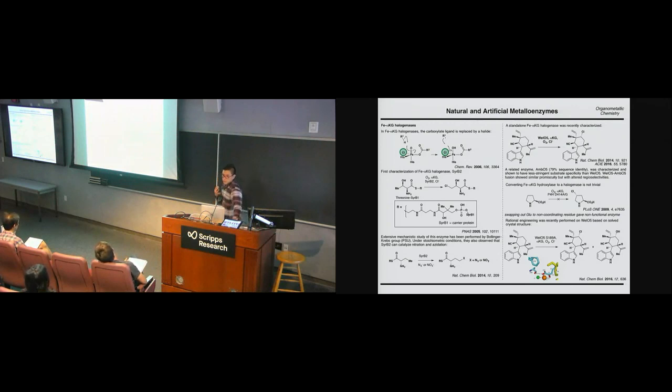This frees up one coordination space, and this would be occupied by a chloride group. In the mechanism for halogenation, after hydrogen atom abstraction, the resulting radical species would selectively undergo radical recombination with the chloride group instead of the hydroxide.